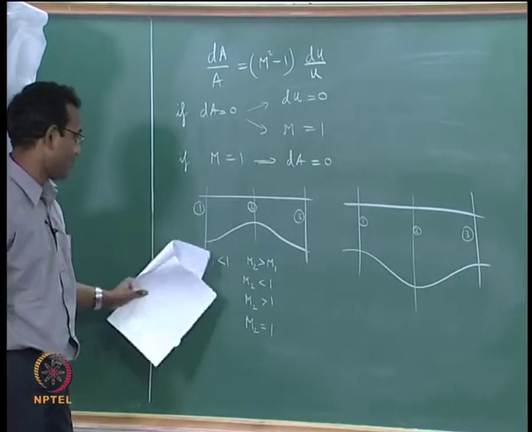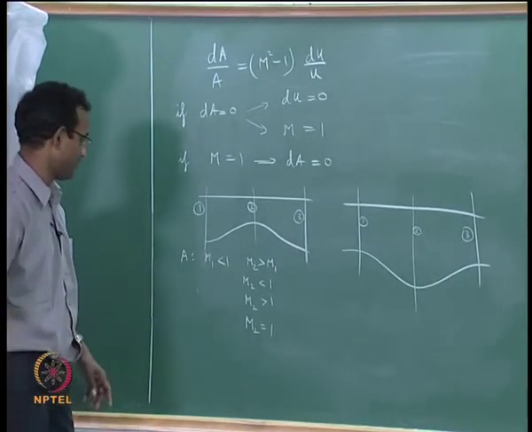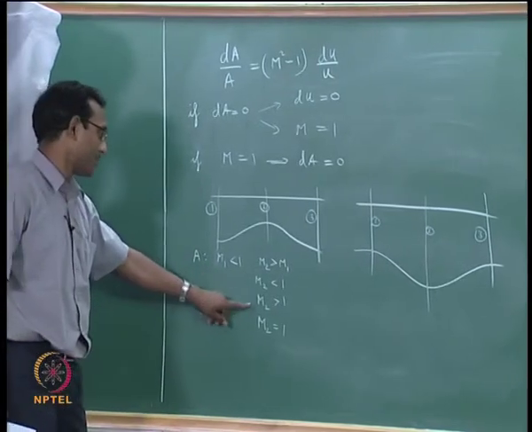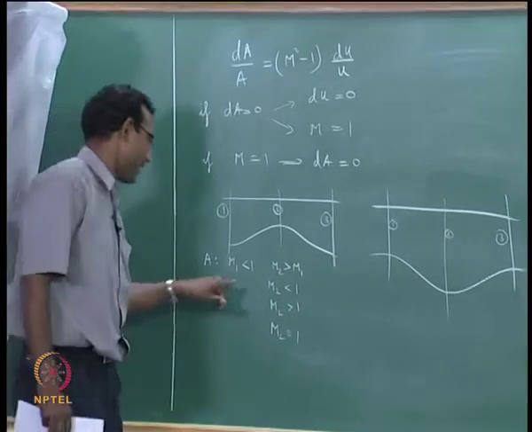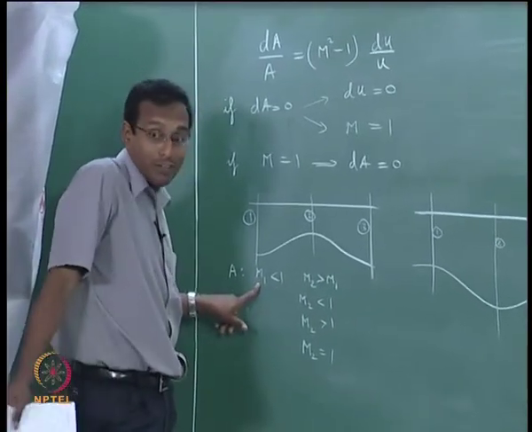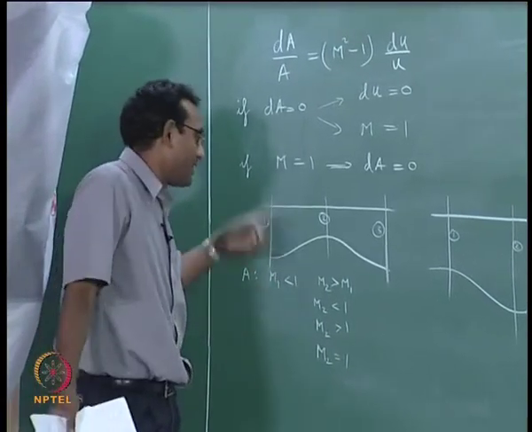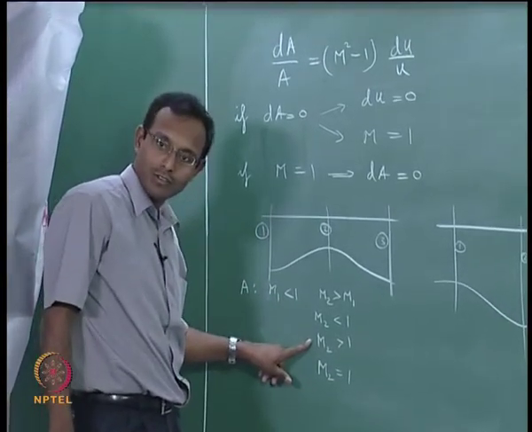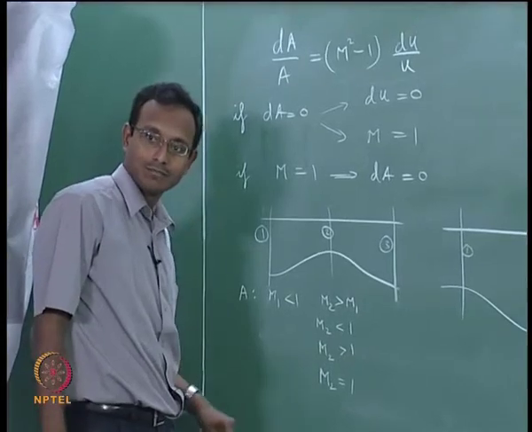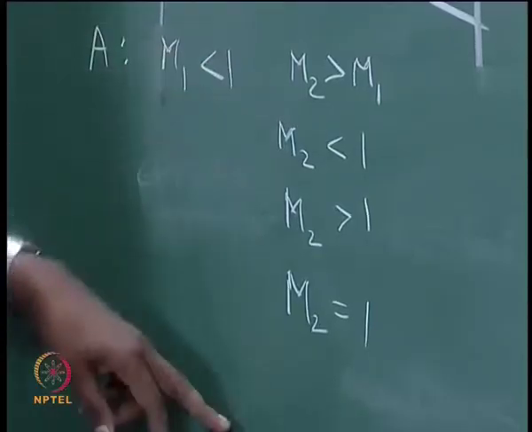Something must go wrong in this. What will happen here? One of them should not happen. These are 3 possibilities. I can say that M1 is say 0.5, it can go to 0.8, that will be this case. Here I am saying it is going to 1.2, here I am saying it is 1. Okay. One of them should not happen.